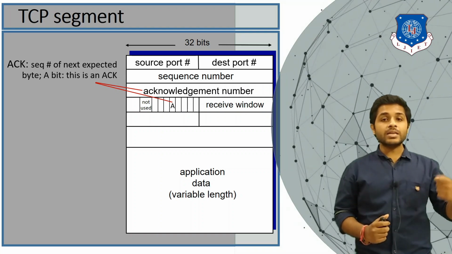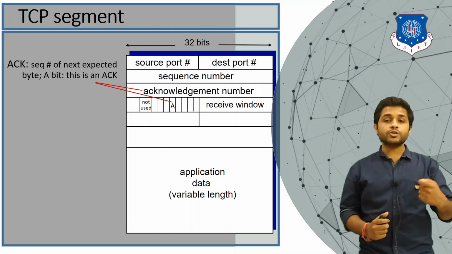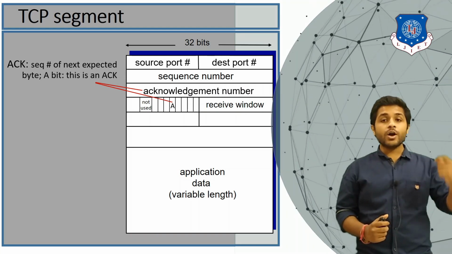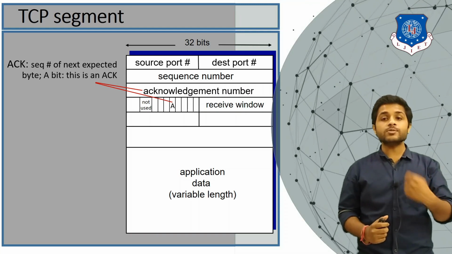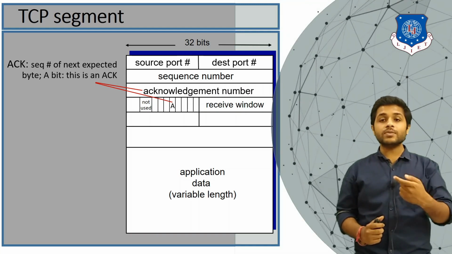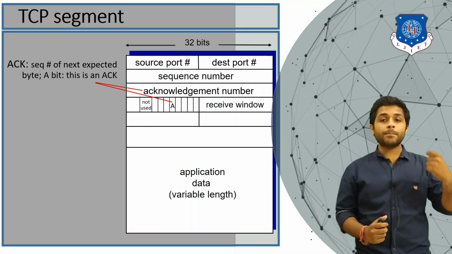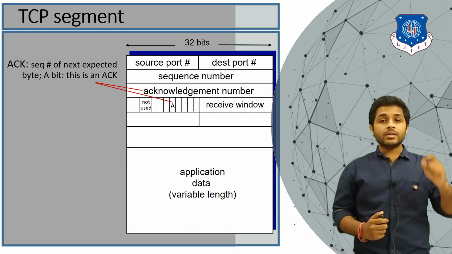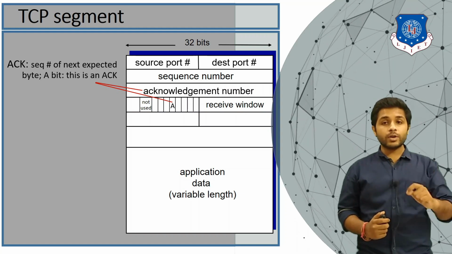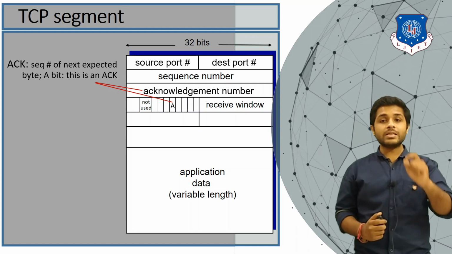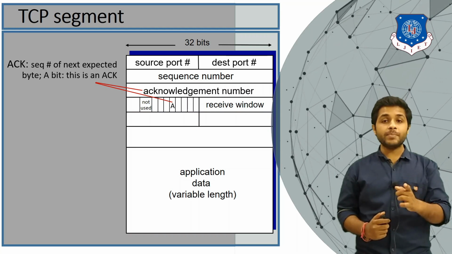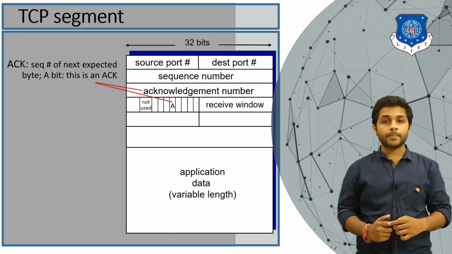When the sender receives the packet having acknowledgement number 2, the sender will know that the packet of sequence number 1 was received successfully, and now the receiver is expecting the packet of sequence number 2. When the packet contains an acknowledgement, the acknowledgement bit will be 1. You can see that the A bit will be set to 1.